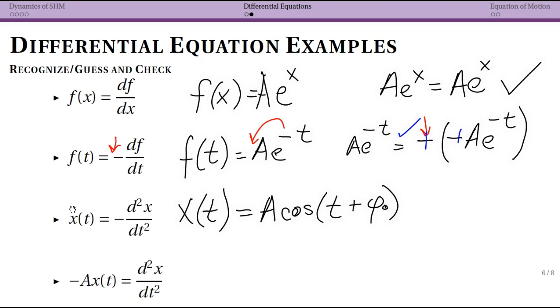So then, what about now? What if instead of up here, we never had coefficients out in front other than this minus sign? Now I have a minus sign and a coefficient. So I take the second derivative, and that's equal to minus a times my original function. Now I have to be careful because previously I've been using a to just be some unknown coefficient, but now it's actually something specific.